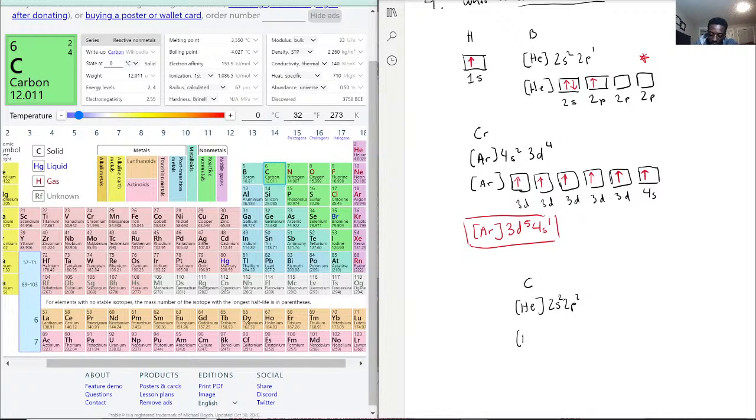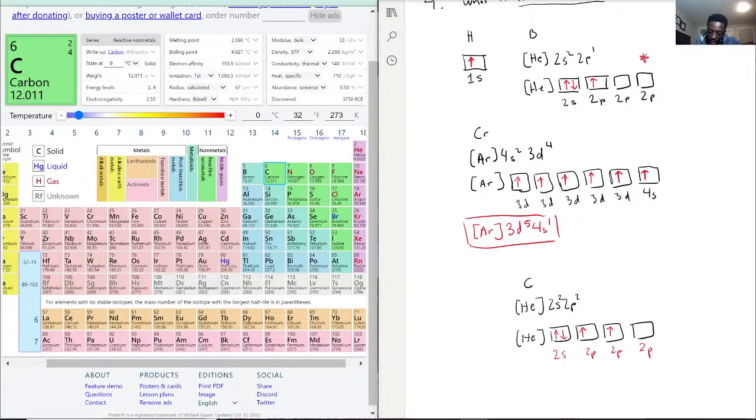But if we wrote it out, it would be like that, so 2s 2p 2p 2p.